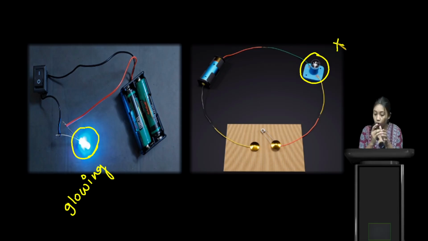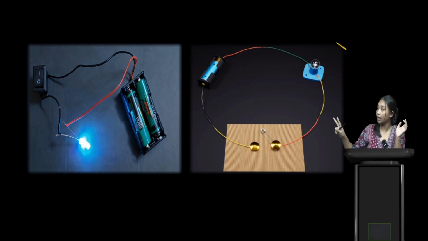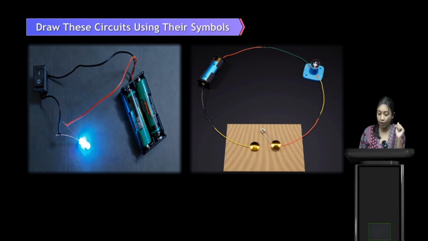So here we can see two different circuits: one when the light is glowing, another when the light is not glowing. Now it says to draw this circuit using their symbols.